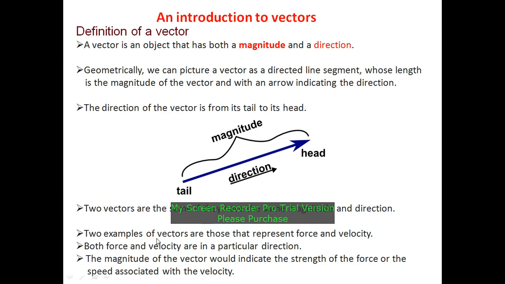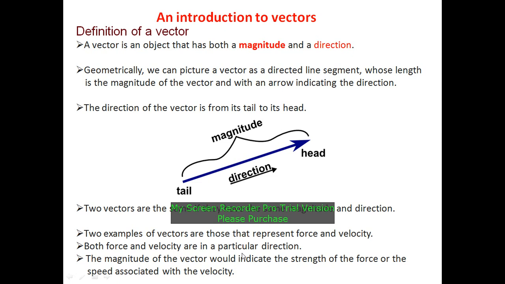Two examples of vectors are those that represent force and velocity, as I already discussed, and both force and velocity have particular directions. The magnitude of a vector indicates the strength of the force or the speed associated with the velocity.